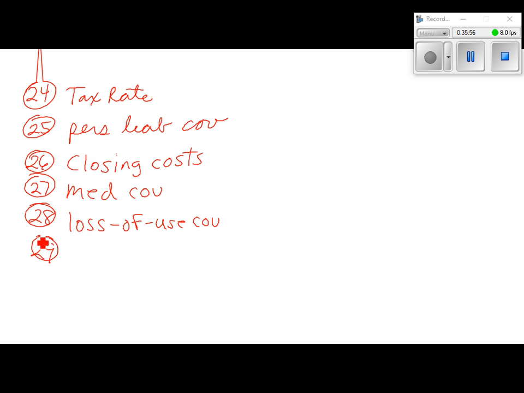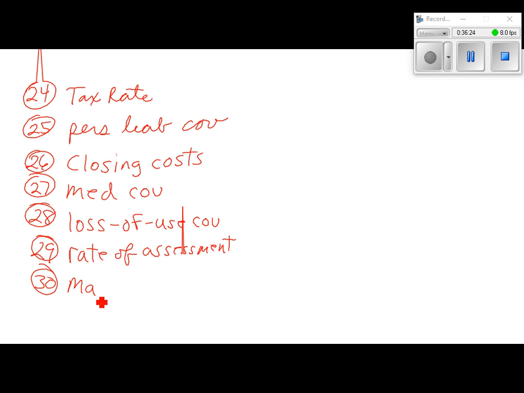29, a percent of the property's market value that is taxed. That is the rate of assessment. 30, the price to buy or sell a property.